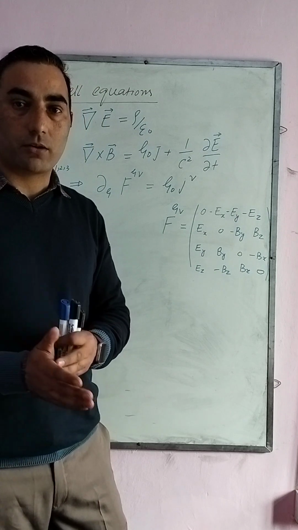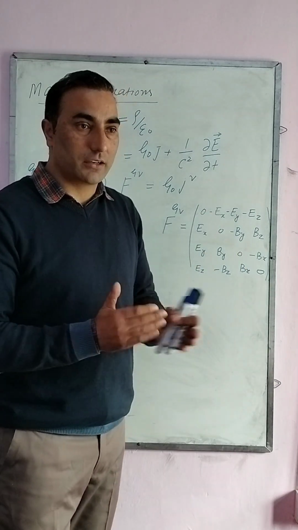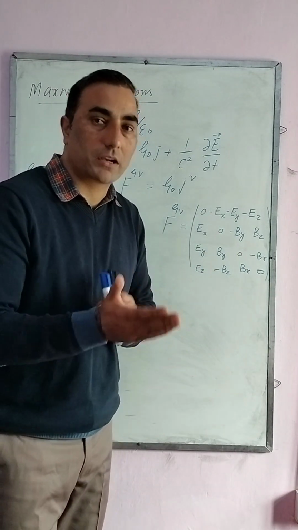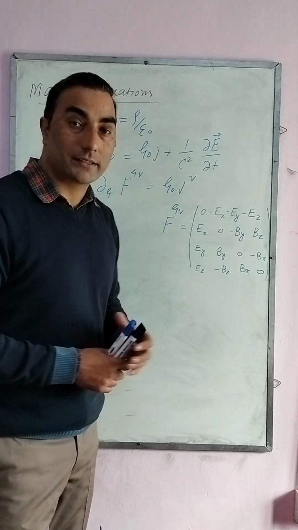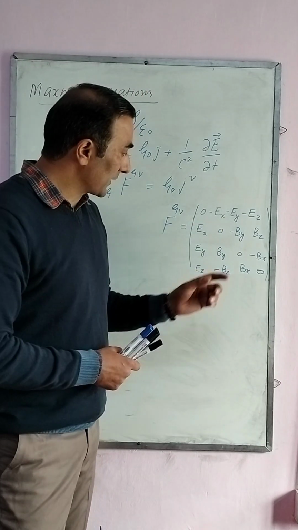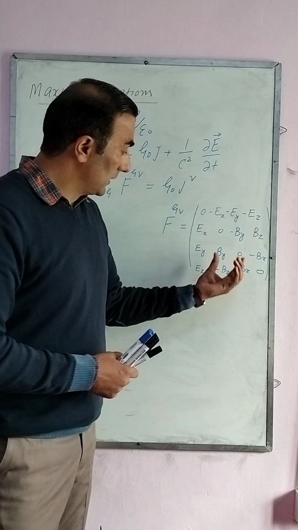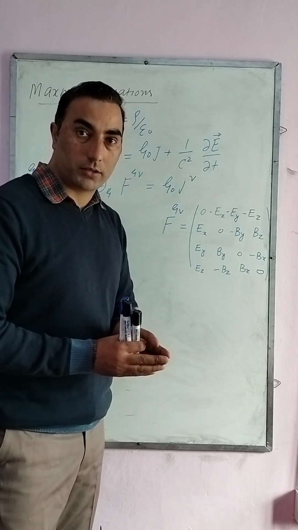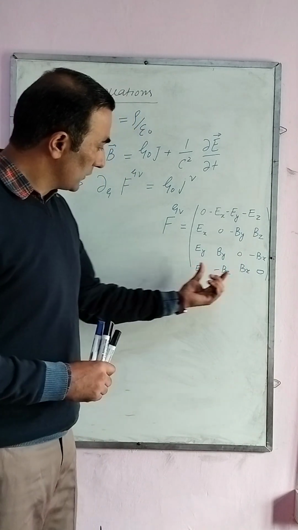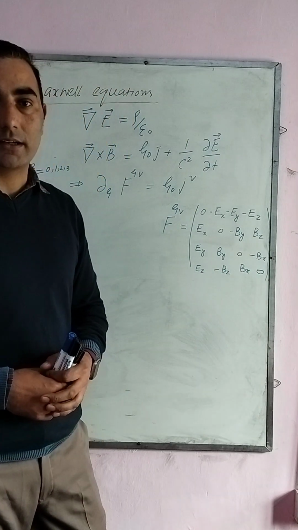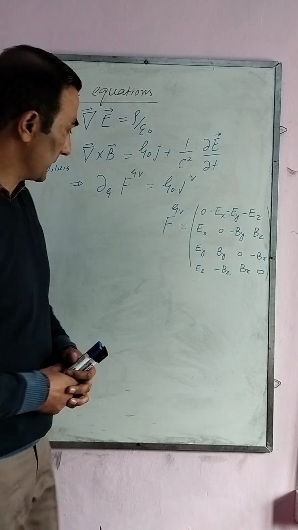When you move from one frame to another frame, we can say that the electric field is a polar vector, and similarly the magnetic field remains invariant when you go from one frame to the other, so this is called an axial vector, right?